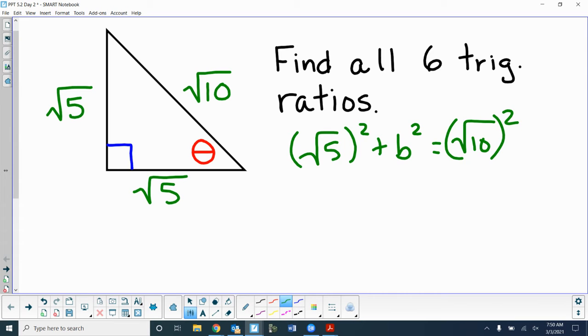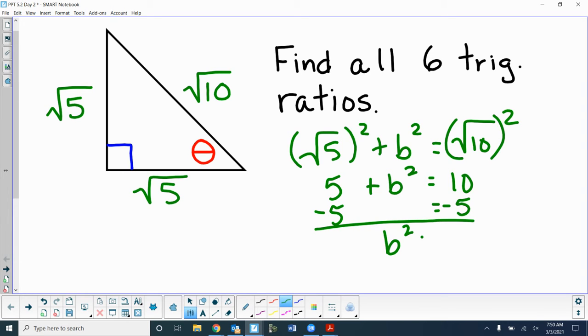The square root of 5 squared is 5, and the square root of 10 squared is 10. When you subtract the 5, you get b squared equals 5. So to get b, you have to take the square root of 5, right? But if you recognize it like Tommy did, you learn that 45, 45, 90 and 30, 60, 90, you didn't have to do the Pythagorean.